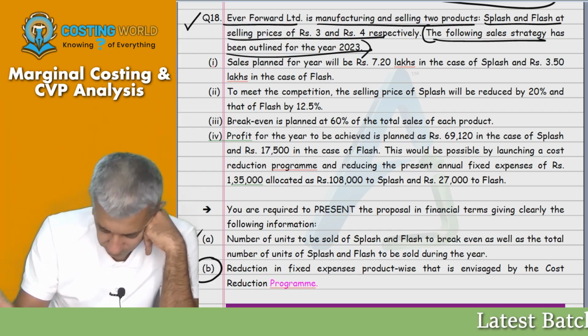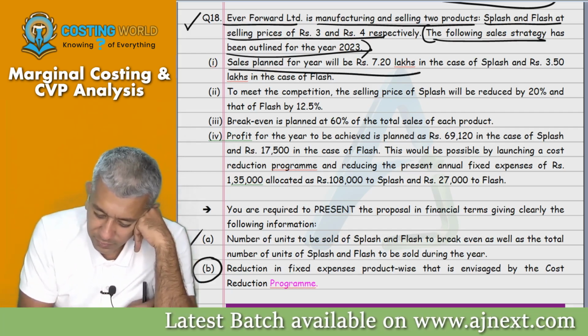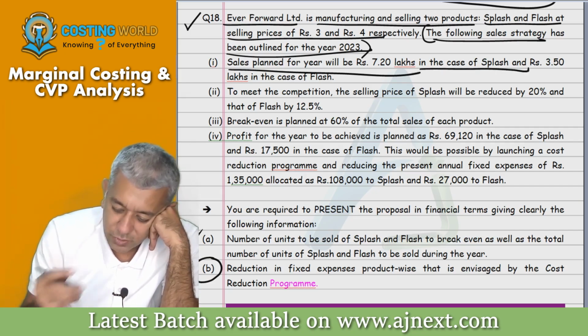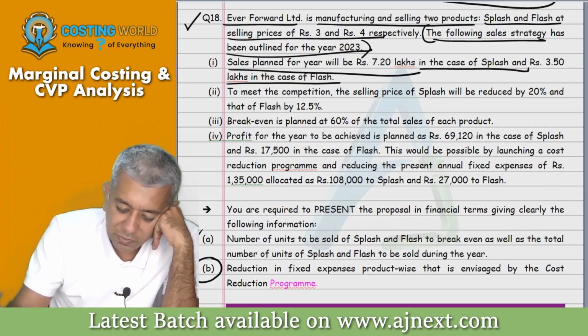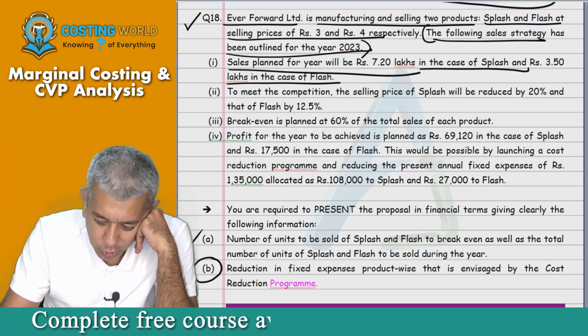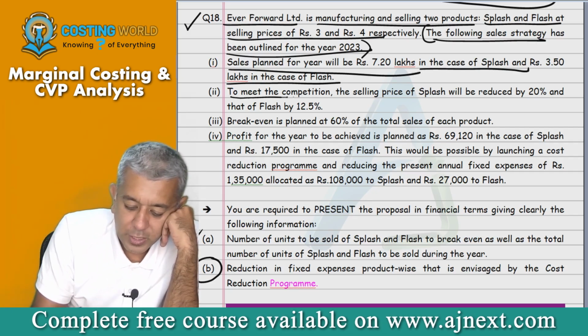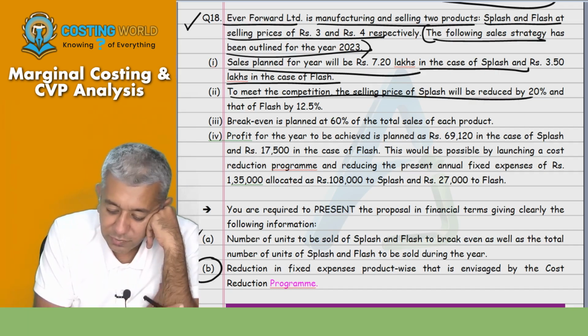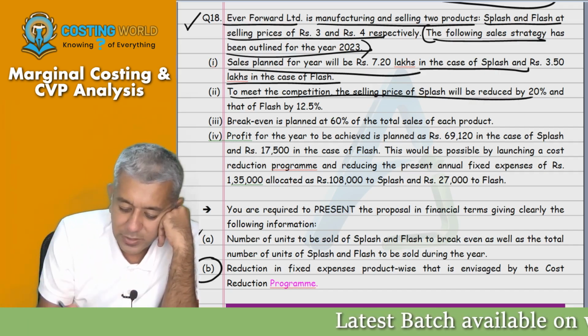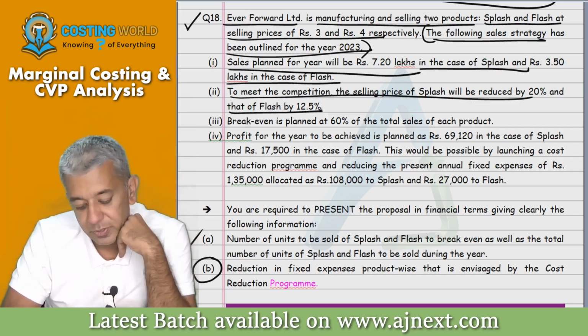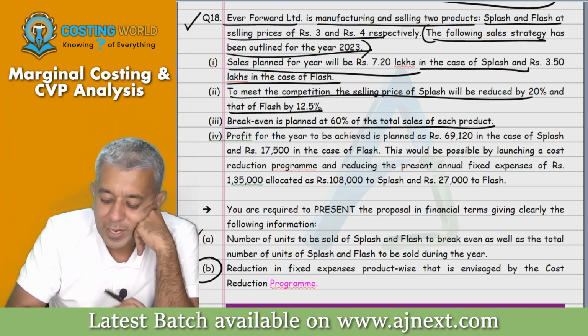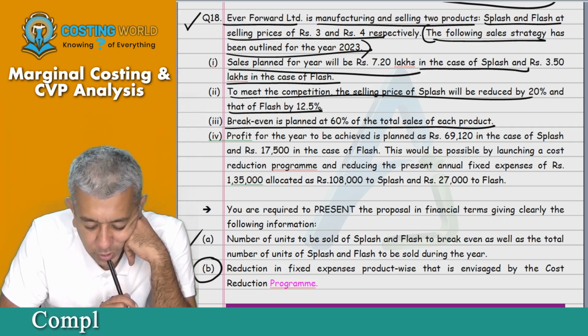Sales planned for the year will be 7.2 lakhs in case of Splash and 3.5 lakhs in case of Flash. Okay. Further, to meet the competition, selling price of Splash will be reduced by 20% and of Flash by 12.5%. Break even is planned at 60% of total sales of each product.